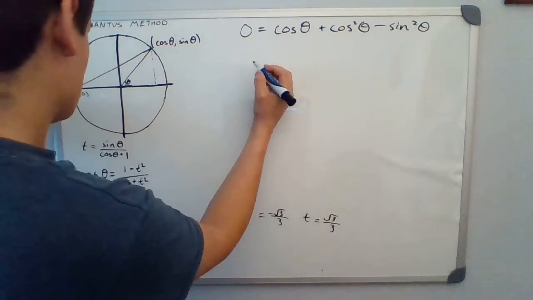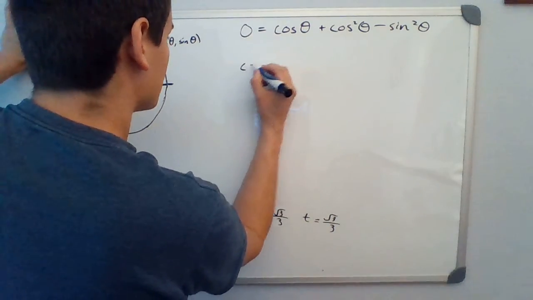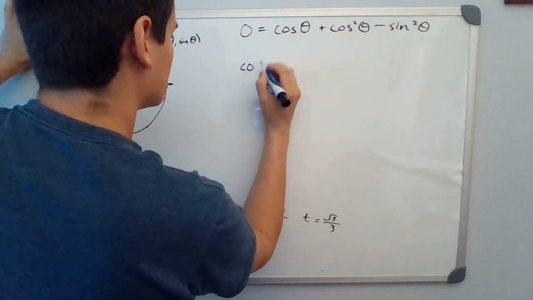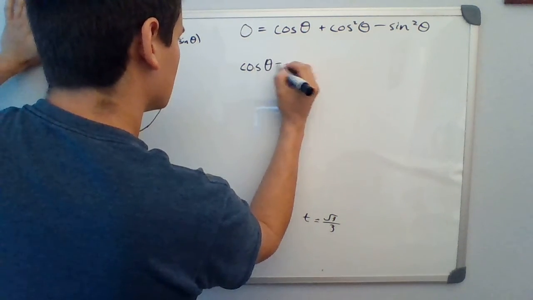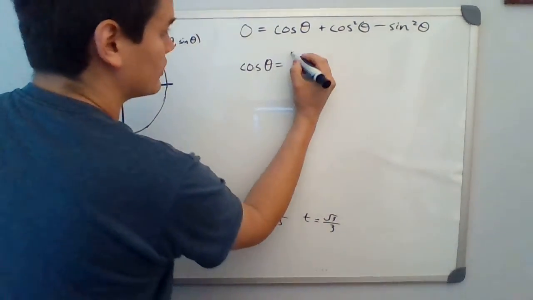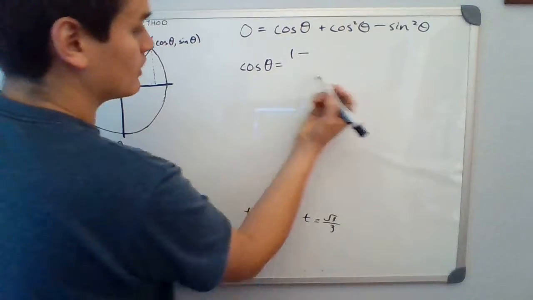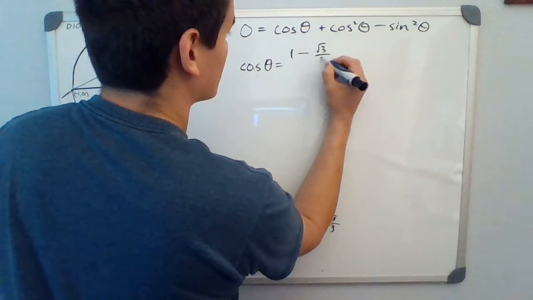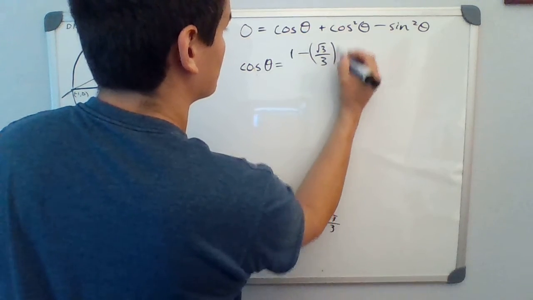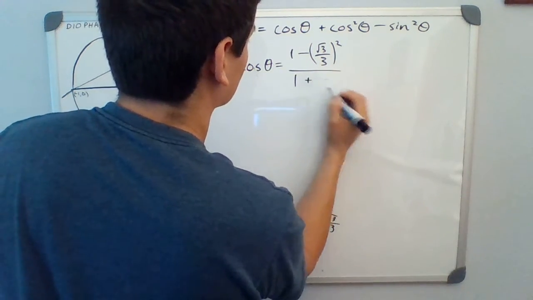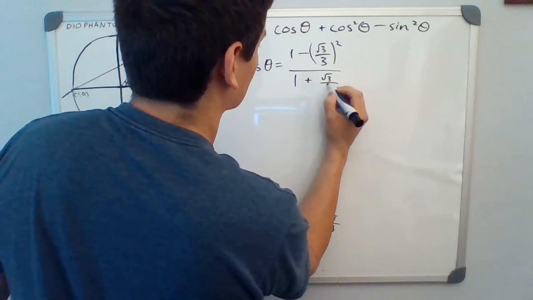Okay, so now I'll plug in for cosine theta, which is going to be equal to (1 minus t squared) over (1 plus t squared). So 1 minus, we'll just solve for this one, square root of 3 divided by 3, squared, over 1 plus t squared.